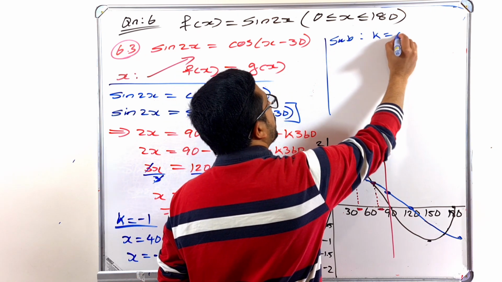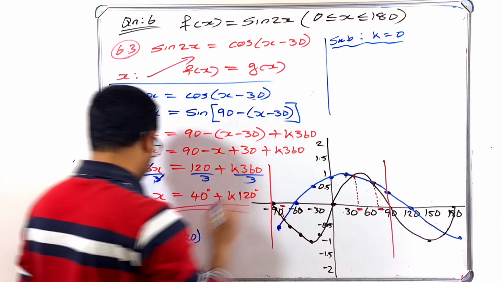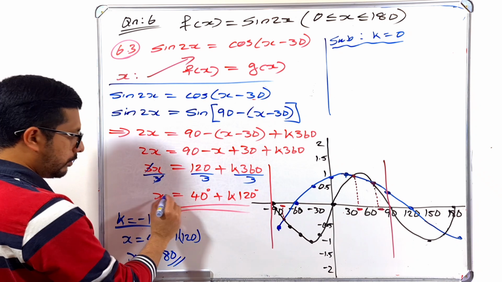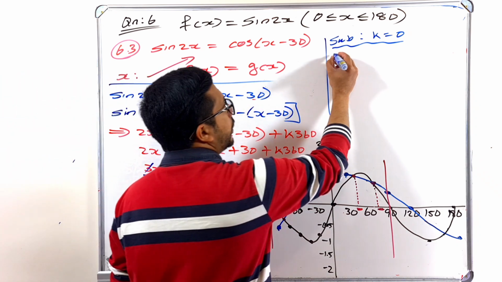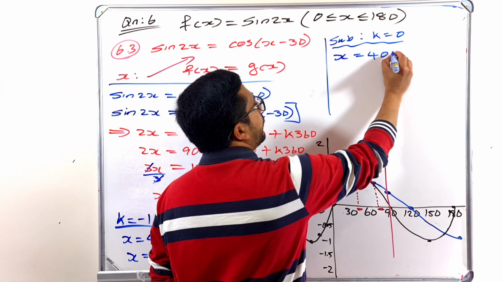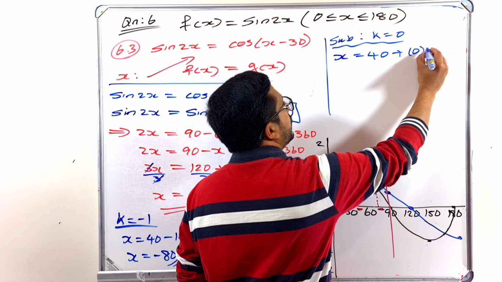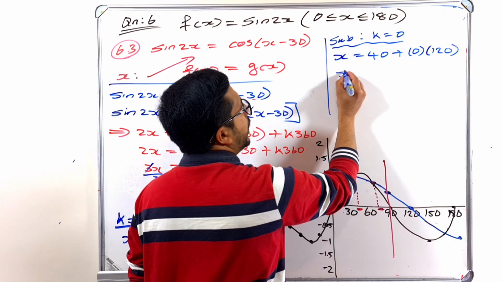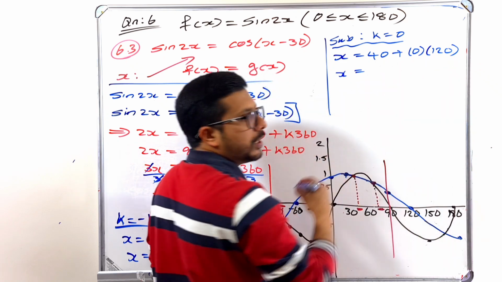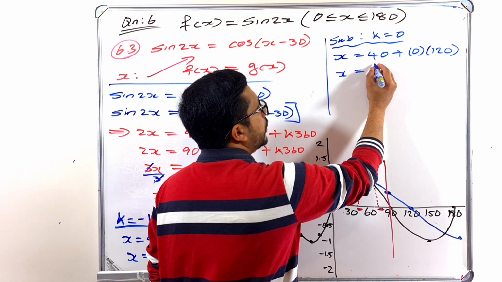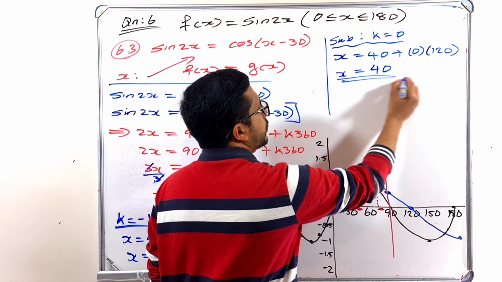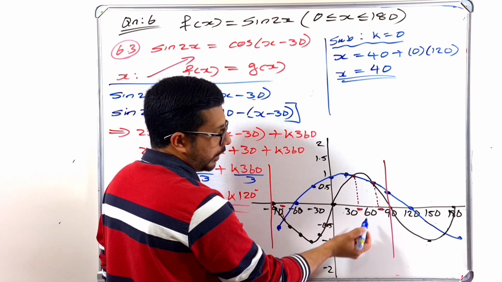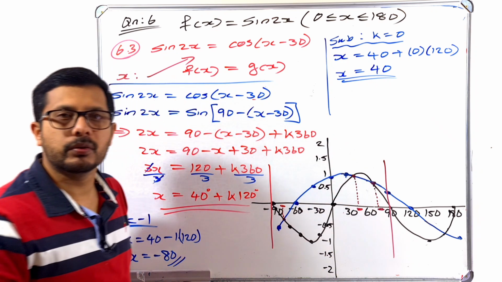This is our equation, so x is equal to 40 plus 0 times 120. 0 times 120 is 0, so 40 plus 0 is 40. So at this point the value of x is 40.